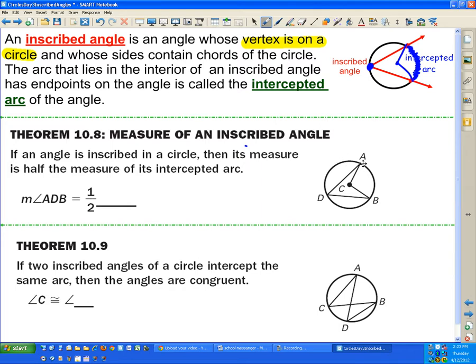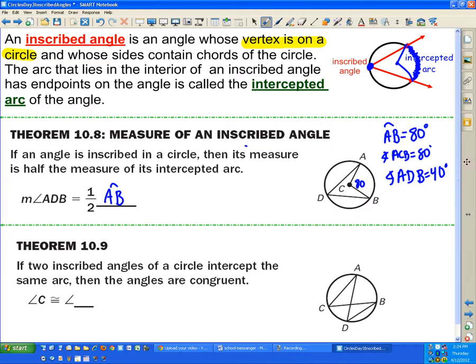So say arc AB is 80 degrees, the minor arc AB, or the central angle ACB is 80 degrees, then we could say that angle ADB would be 40 degrees, because it's half the measure of the intercepted arc. So it would be half of arc AB or half of the angle ACB. And that's what we're talking about when we're talking about the inscribed angle.